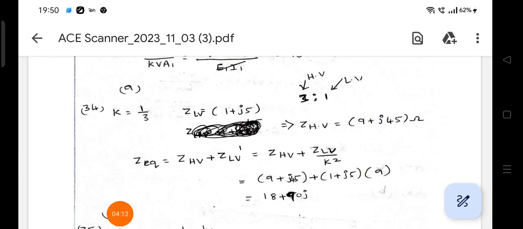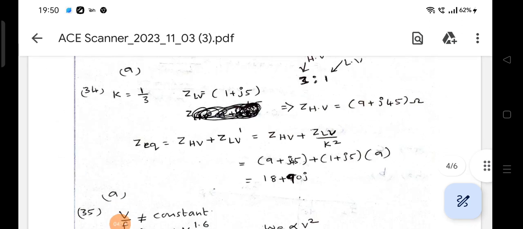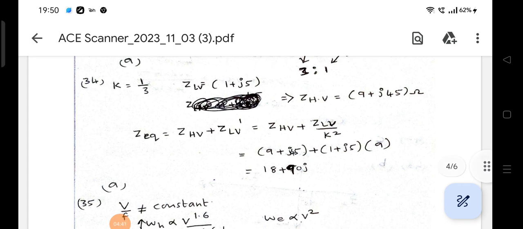Z equivalent is referred to the HV side. HV means primary side and LV is the secondary side, so I need to transfer the LV impedance to the primary side, that is Z_LV dash. That means Z equivalent is Z_HV plus Z_LV divided by K square. Z_LV is R2, and R2 transferred to the primary side is R2 dash, which is equal to R2 by K square.